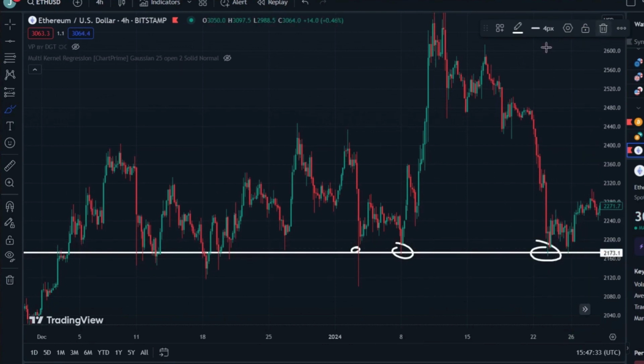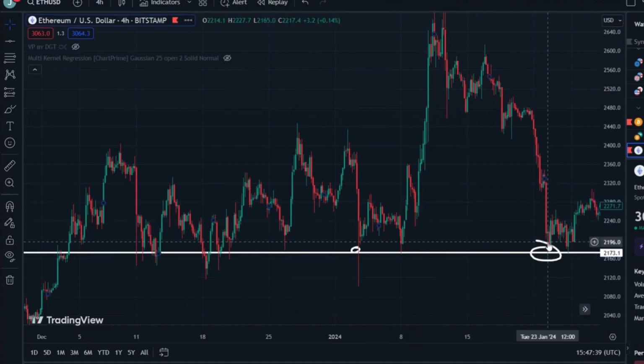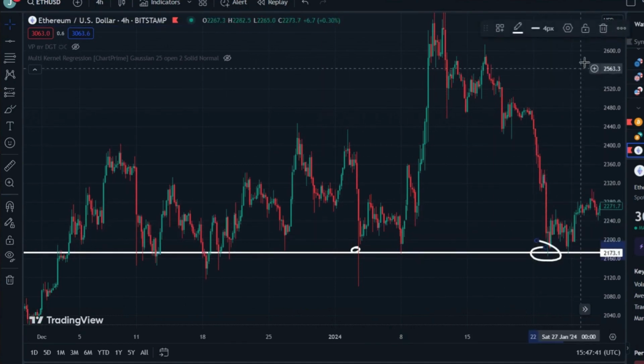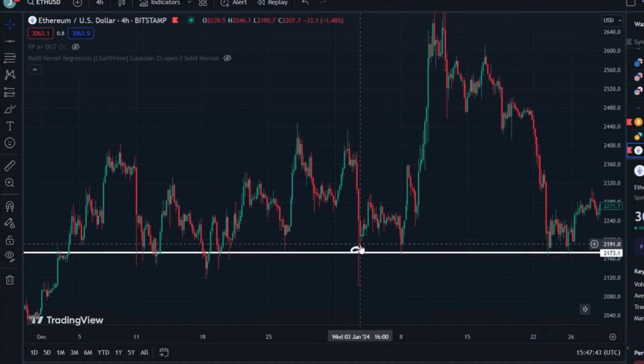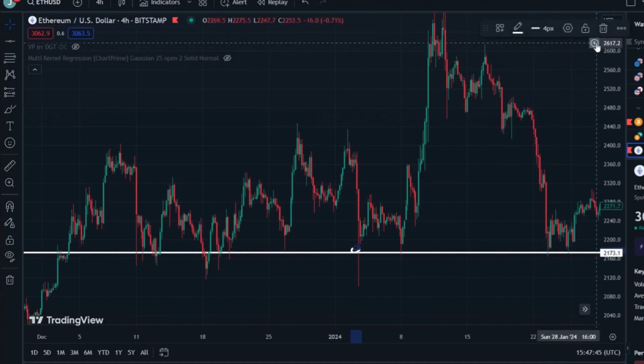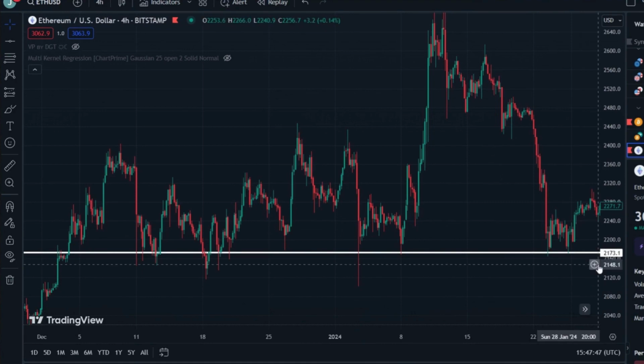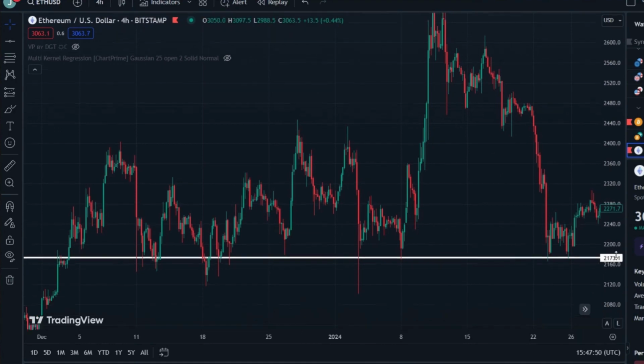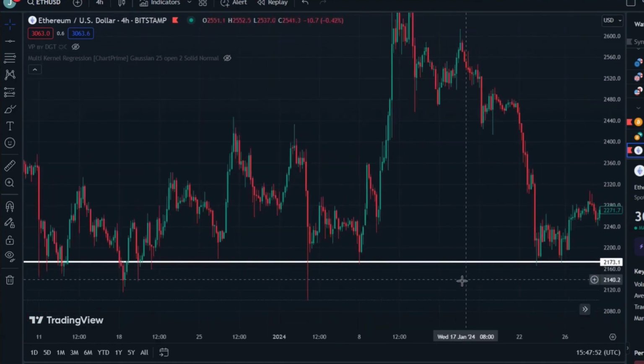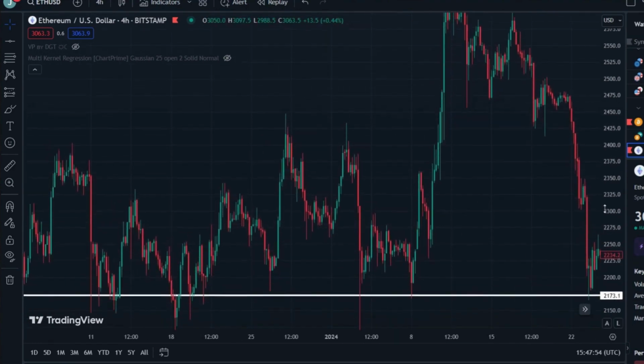We can see that there are plenty of points on this level where the price touched it and then bounced and went back. There are many significant levels that you have to keep in mind, and one of them is the horizontal level. Okay, let's keep going.